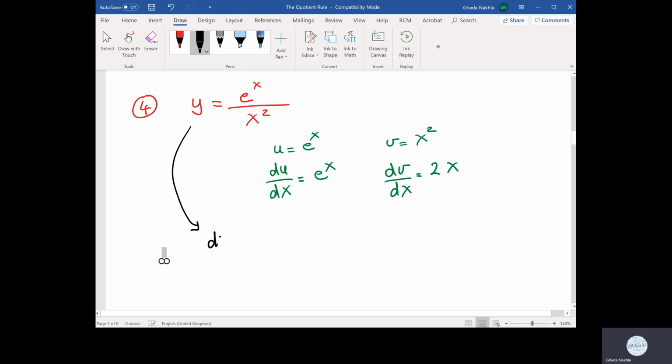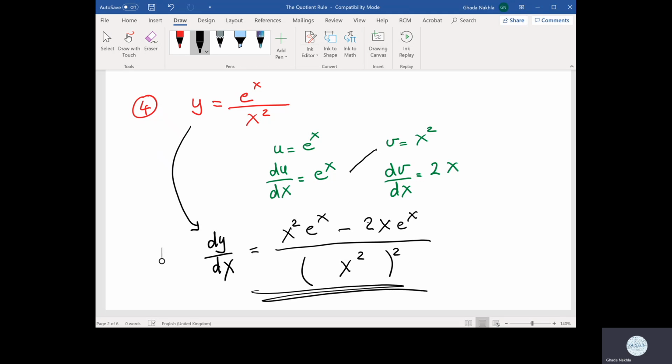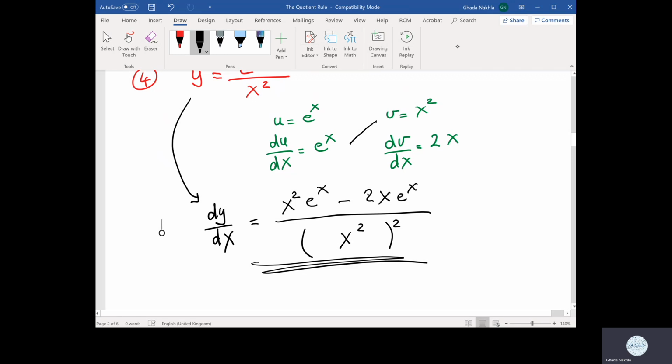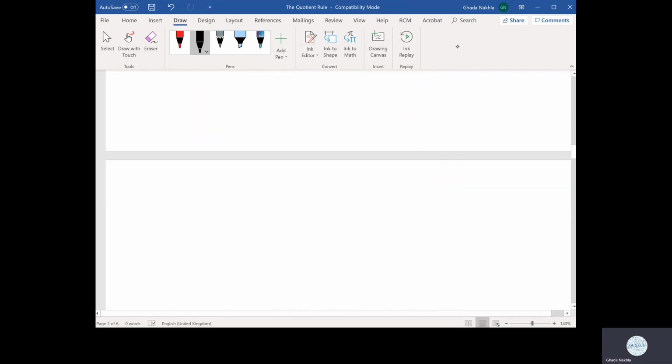So dy by dx is equal to v multiplied by du by dx, so x squared e to the x minus 2x e to the x divided by v squared, which is x squared squared, so which is x to the 4. And again, you can simplify it. You can take a common factor from the numerator and simplify. Okay. So let's take a look at question 5.